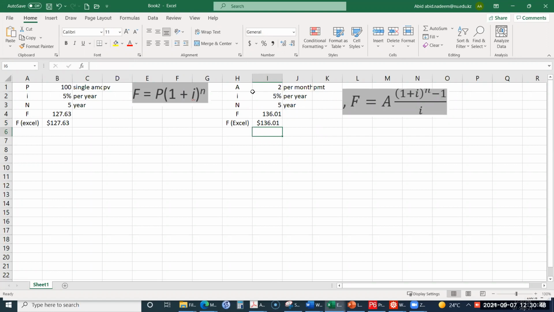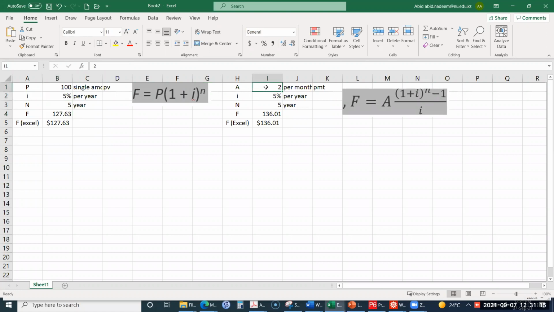So here you can see that you have two options in the bank. One option is that the bank says you deposit $100 now, and the bank will give you 5% per year for 5 years. Then you can withdraw $127.63.